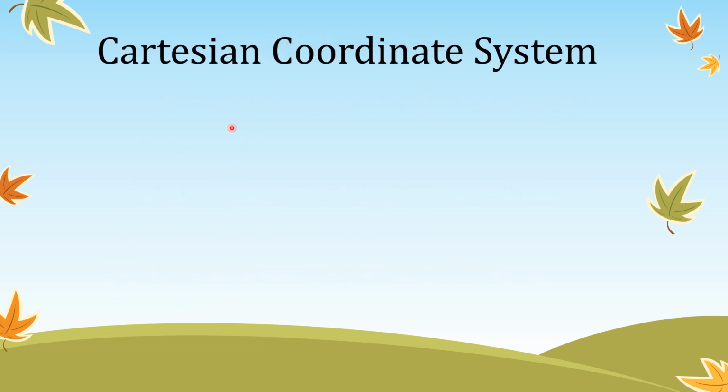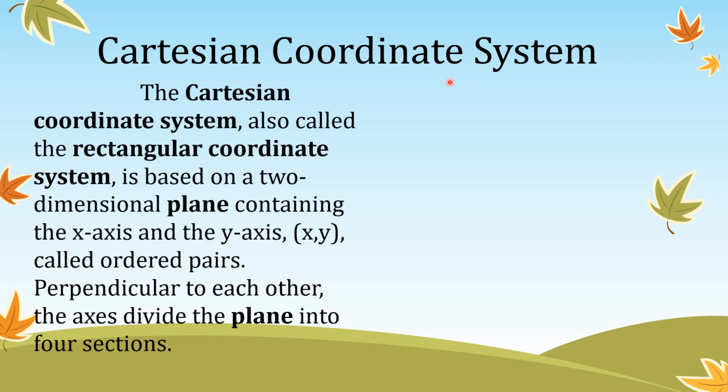So what is a Cartesian coordinate system? The Cartesian coordinate system, also called the rectangular coordinate system, is based on a two-dimensional plane containing the x-axis and the y-axis, written in this symbol, and it is called the coordinates or ordered pairs.